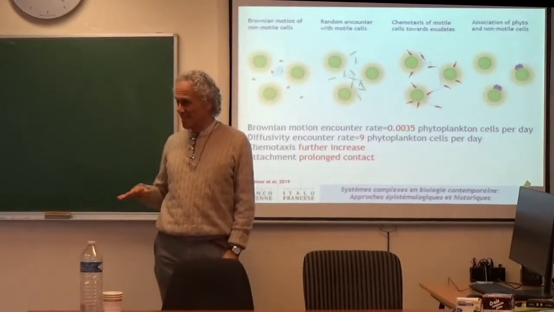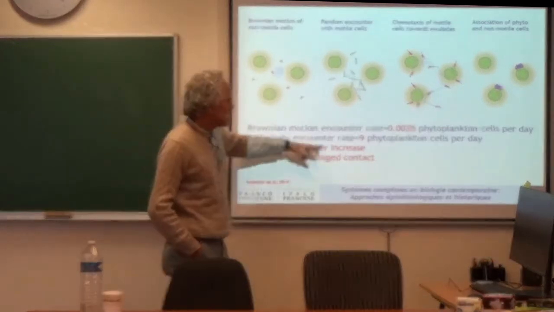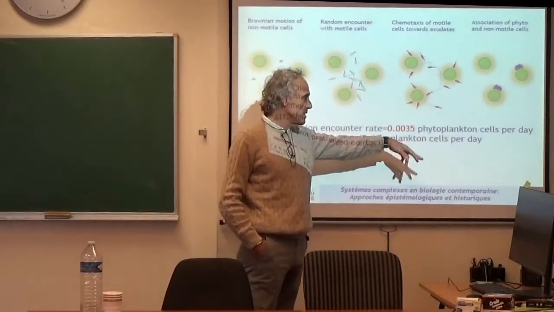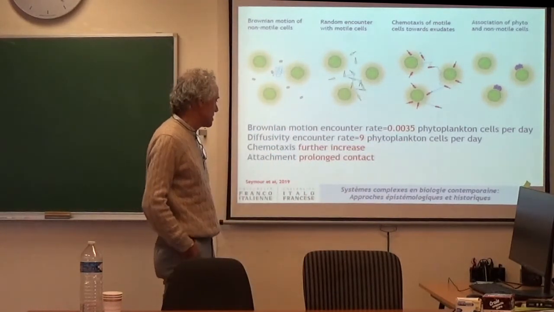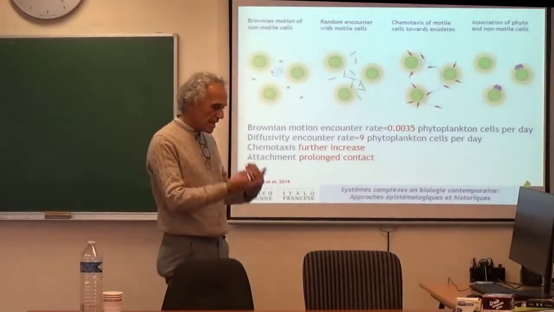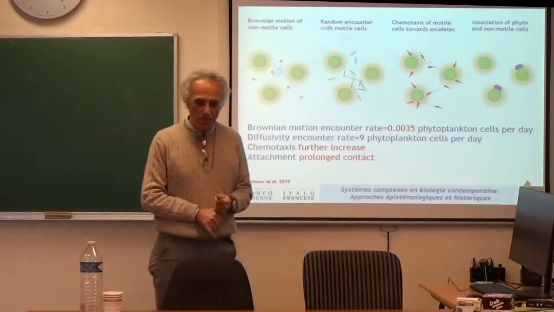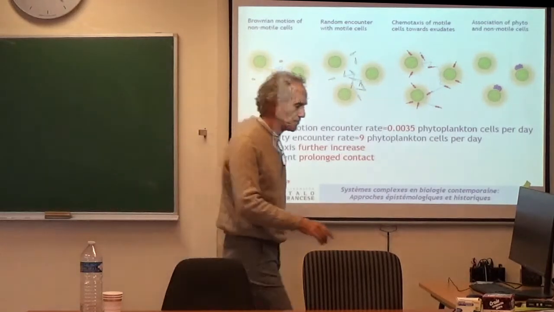So the encounter is quite rare. It goes up to 9 phytoplankton cells per day with chemotaxis, and further increases with attachment. So the second message is that they are quite diluted, and the interactions are not so frequent.